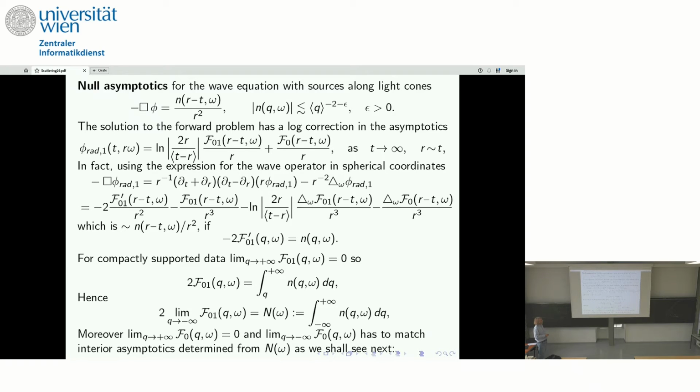And in particular, this has a limit that is non-vanishing as you go to the interior, if this integral of n is non-vanishing. So it means that you get something in the interior that looks like 1 over t, or 1 over r actually in this case, because this has a limit as you go to the interior, which is a function of omega.